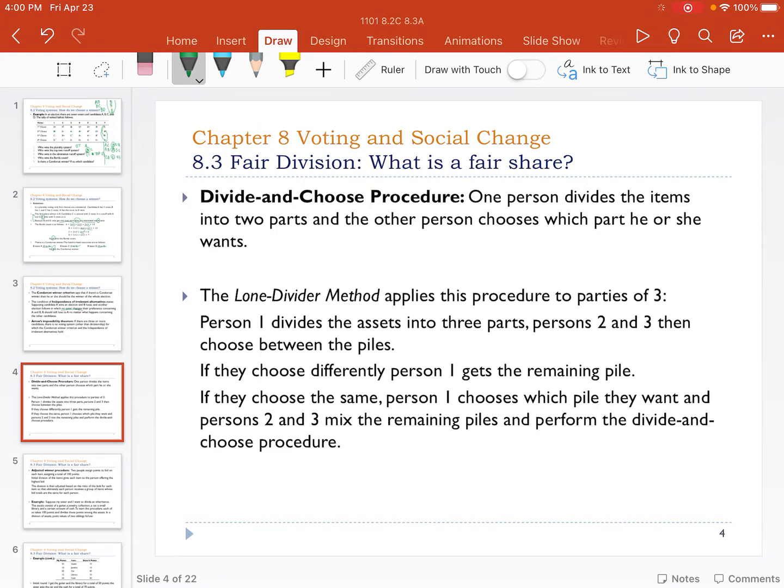And as we turn the page into 8.3, the second to last or penultimate section in the class, we have 8.3 called Fair Division. What is a fair share? And so the book does mention many cases for which this is relevant. And we're not just dividing up cash. That would be really easy. In fact, the book actually talks about an article about a Tiger Woods divorce settlement.